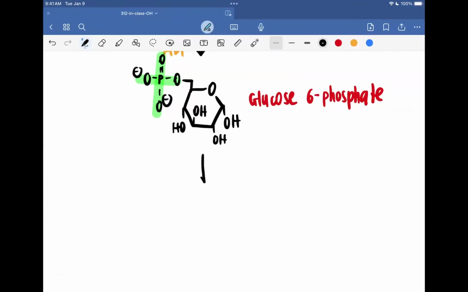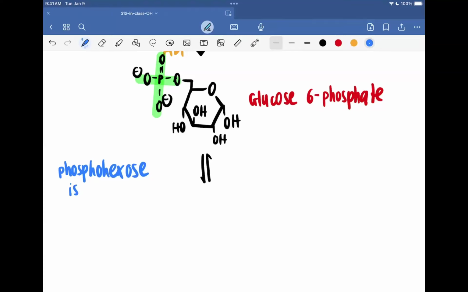Step 2 is one that is reversible. And its name is also going to tell us about what is taking place here. So the enzyme at play is called hexoisomerase.